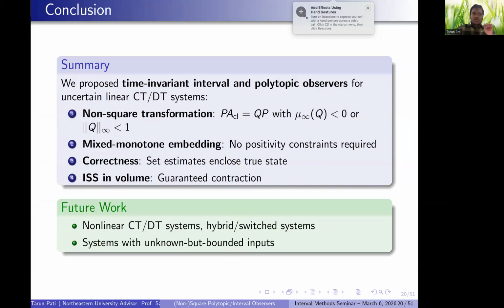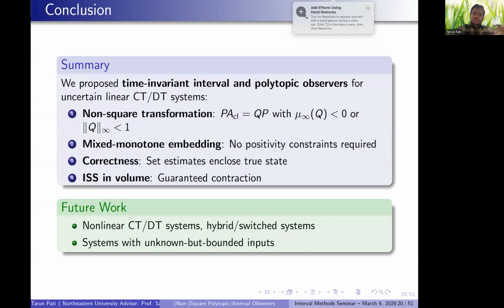Also, we circumvented the requirement for extra positivity or cooperative constraints by using mixed monotone embedding techniques. By construction, our methods are correct, and if L is a stabilizing observer, then our interval observer is also ISS.